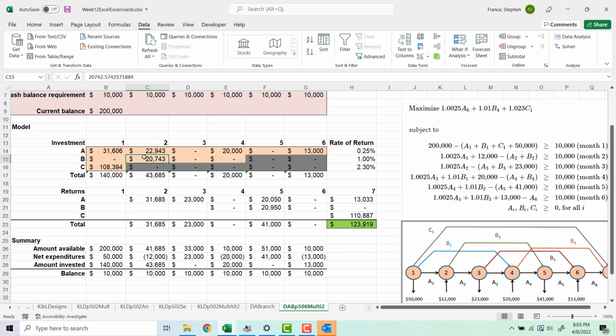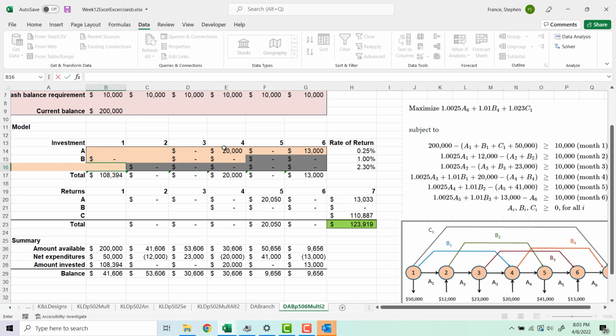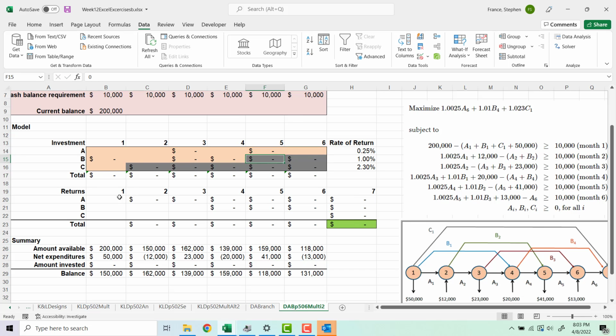Now, we actually put these returns into a specific spreadsheet. So let's imagine that we don't have anything in here. We have no investments. Now imagine that I invest $10,000 in A in period 1.